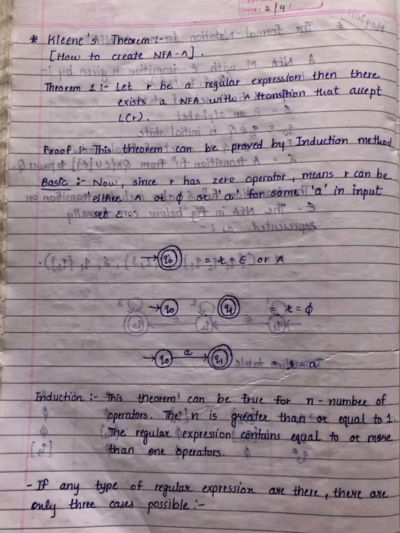The n is greater than or equal to 1. Then the regular expression contains one or more operators. For any regular expression, there are only three cases possible.